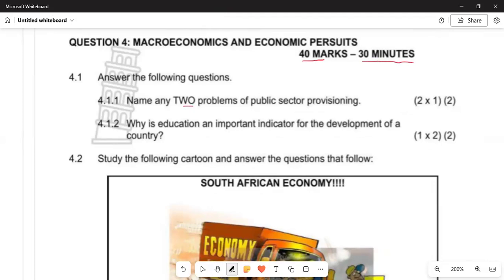Name 2 problems of public sector. So which are they? We are talking about price policy. We can even talk about privatization.